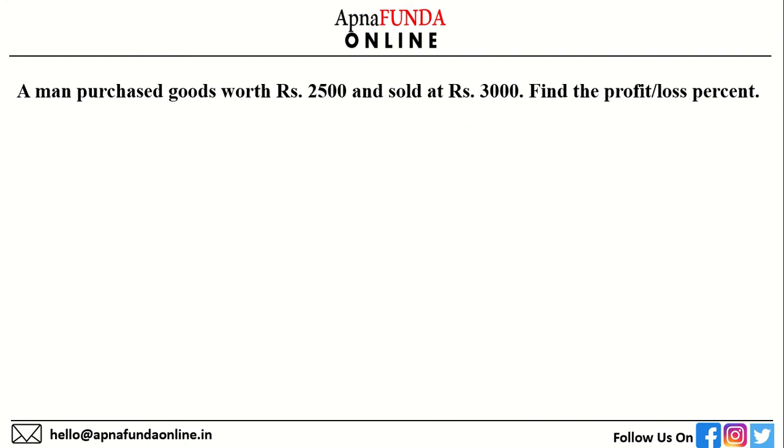Next question. A man purchased goods worth rupees 2500 and sold at 3000. Find the profit or loss percent. So we know cost price is 2500, selling price is 3000. Selling price is greater than cost price.